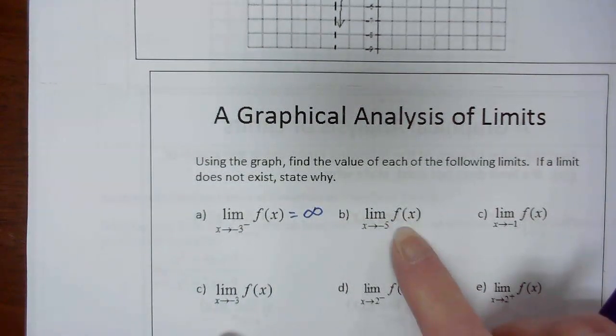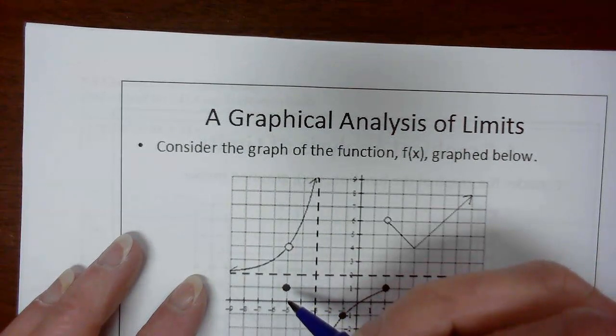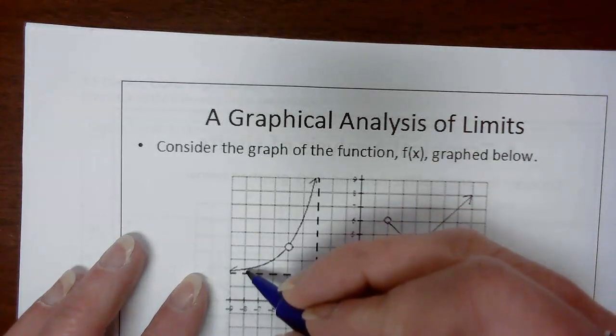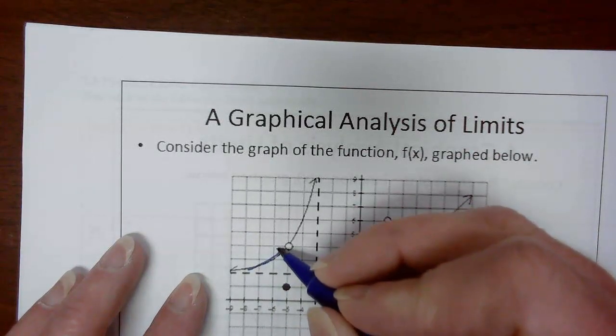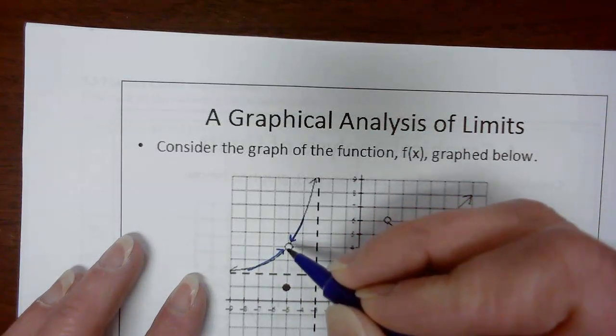Now the next one says, find the limit as x approaches -5. Well, this one's very interesting because at x equals -5, there is a point here. But that is not where the graph is approaching. So if I come in from the left, I'm approaching this point. If I come in from the right, I'm approaching that point.